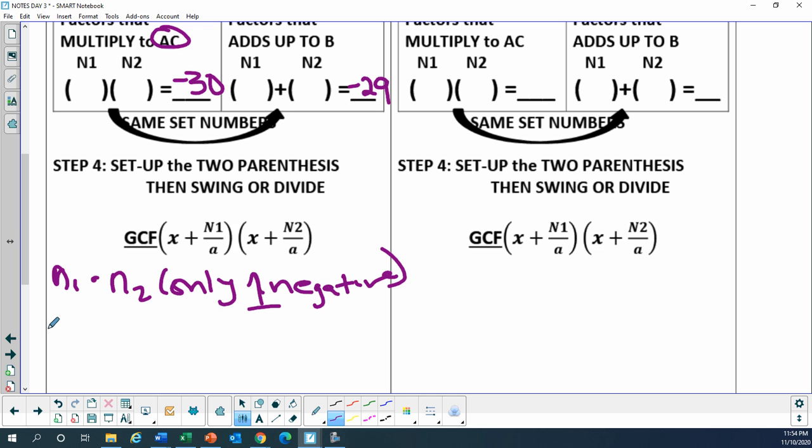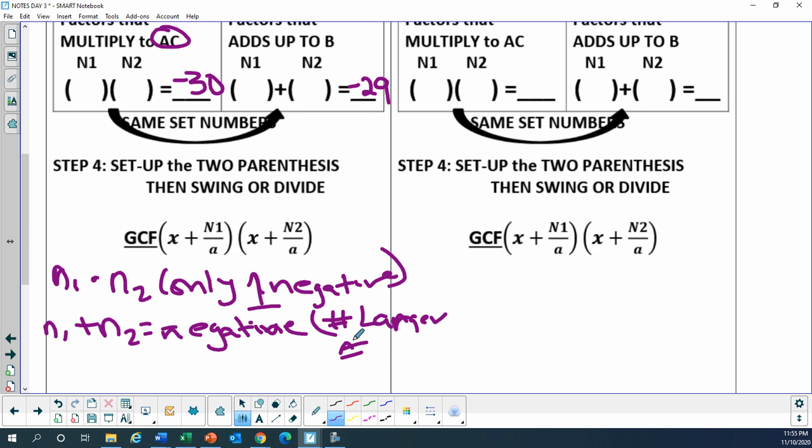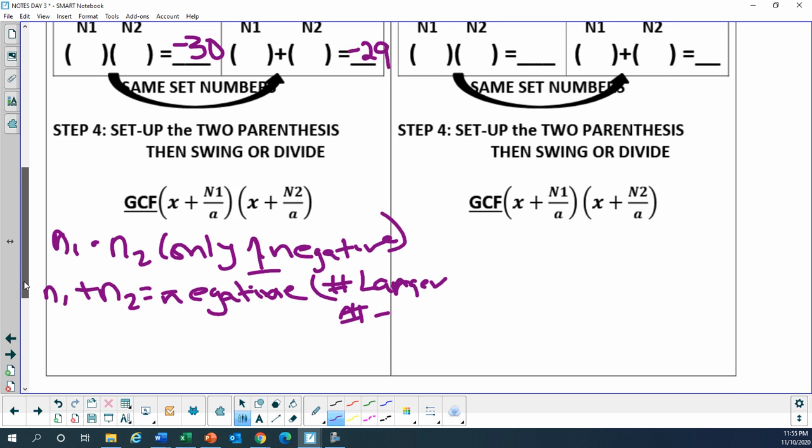That means the larger number has to be negative. Because when I add a positive and a negative, if you want it to have the negative effect, then the larger number needs to be negative. Okay, so that's what you have to remember, 2 things.